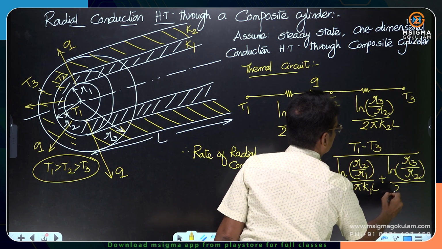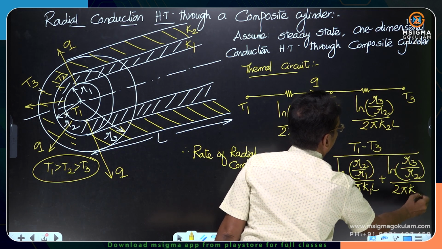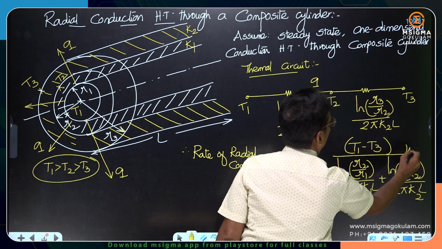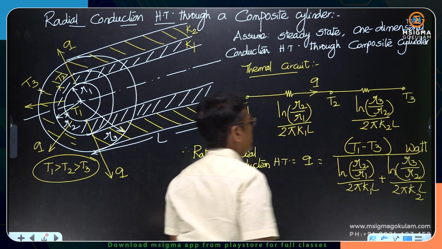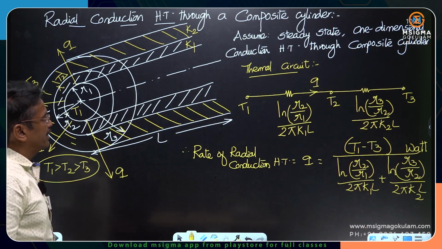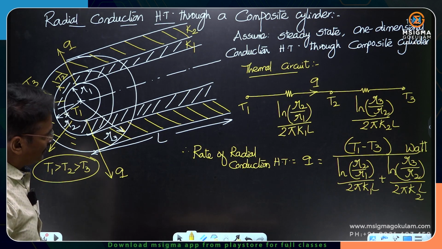They are in series, so we can simply add up the two resistances. So many watts. This is the rate of radial conduction heat transfer through this composite cylinder.